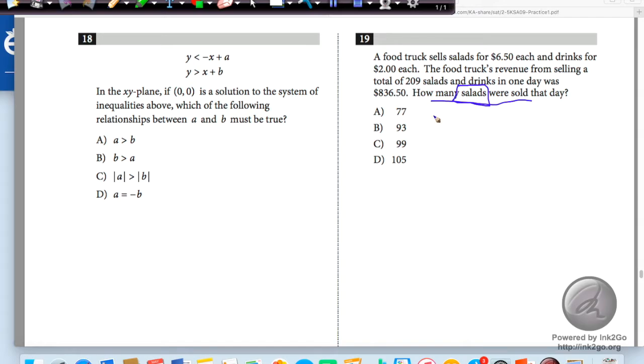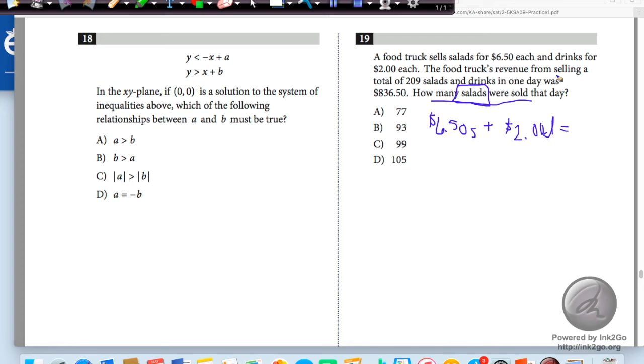The first equation would be $6.50 for each salad. And based upon the fact that it says salads and drinks in one day, I know that this is going to be a plus sign. So I have $6.50 S plus $2 D. And then this is going to be my total revenue.